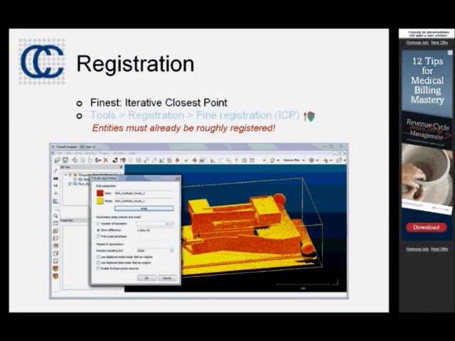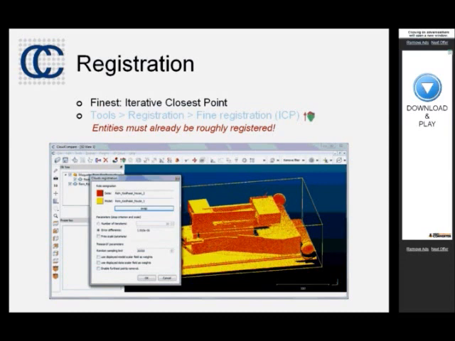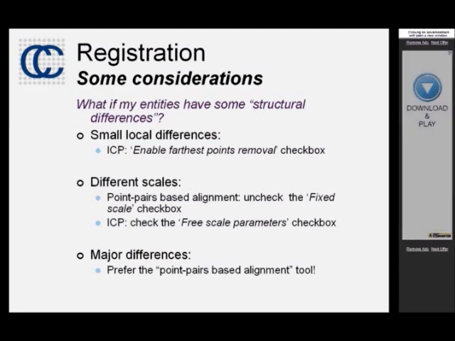And the most problematic thing is that it is meant to be used with exactly the same object in theory. So if you have structural differences between your clouds, it will be more problematic, but we have some solutions in CloudCompare.